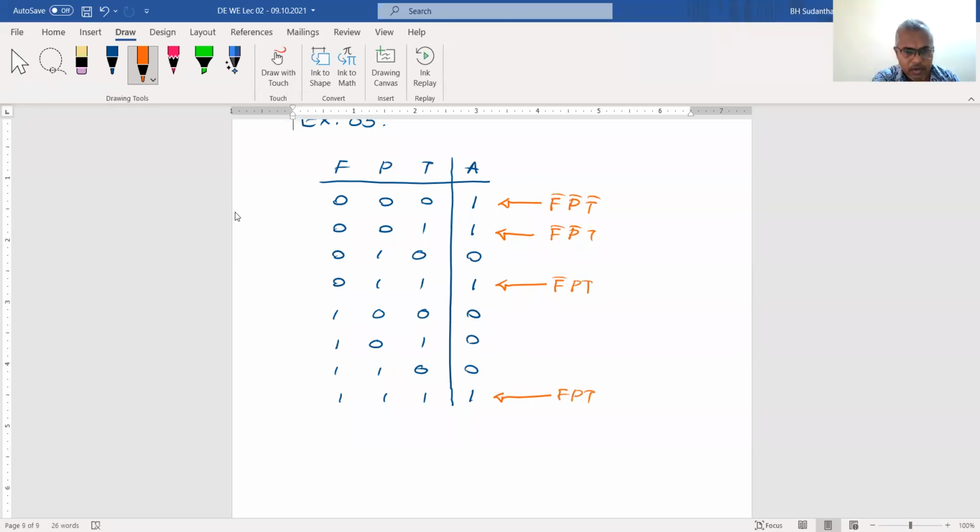Okay. Then the final equation, A equals F bar P bar T bar plus F bar P bar T plus F bar P T plus F P T.